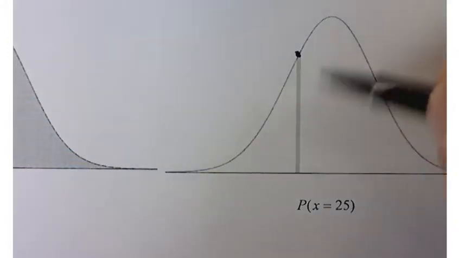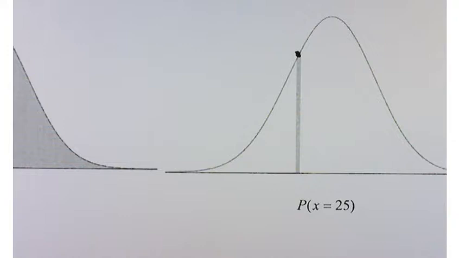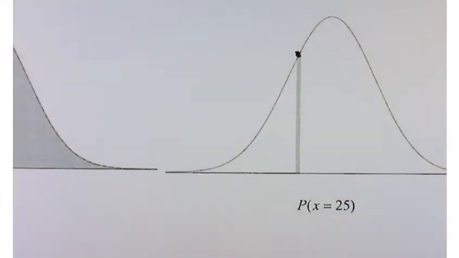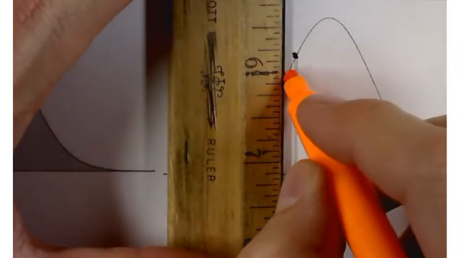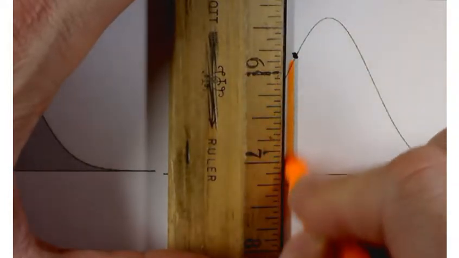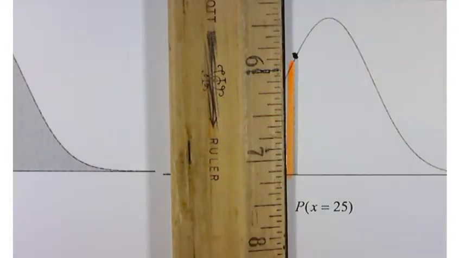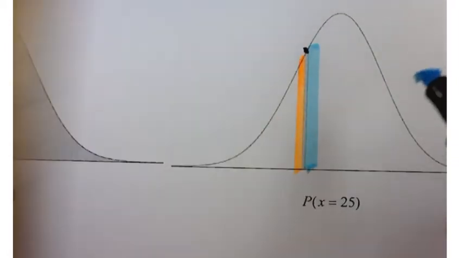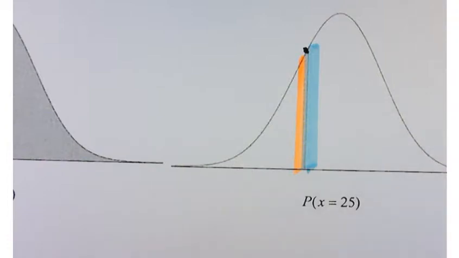But if we're using this as an approximation, then kind of like these other ones, I got to make the area bigger by 1/2 on both sides. So that'd be 1/2 on the left, so here, and then 1/2 on the right, so here. But it's on both sides. So do it on both sides.